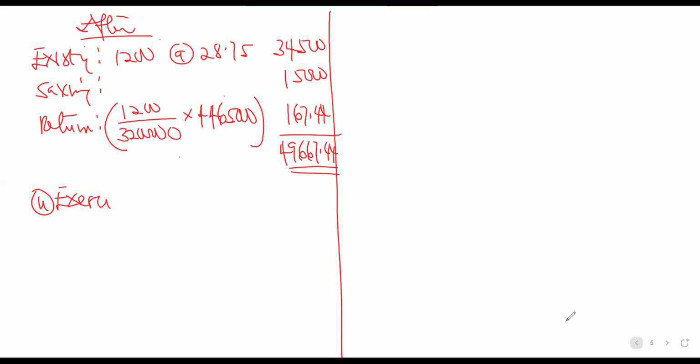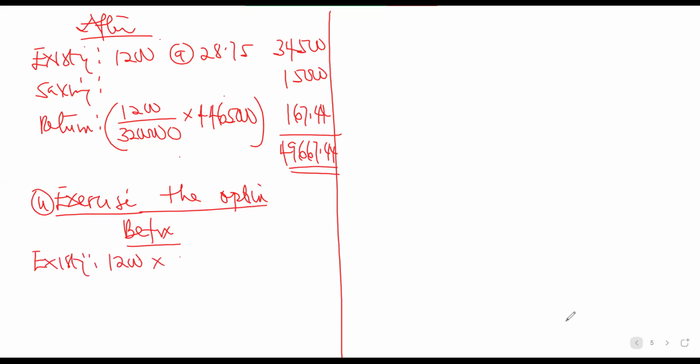So let's come to, he exercised the option. He exercised the option means that he has taken up the option, exercised the right. So let's do existing and also the before. The existing before is going to be 1,200 multiplied by the 30.